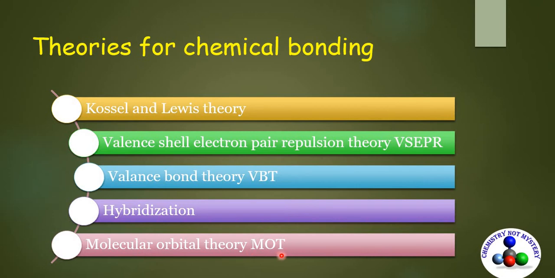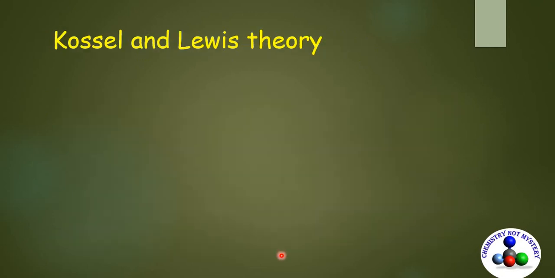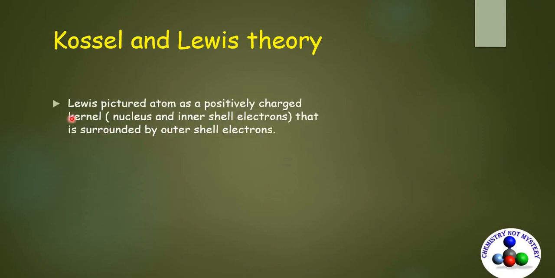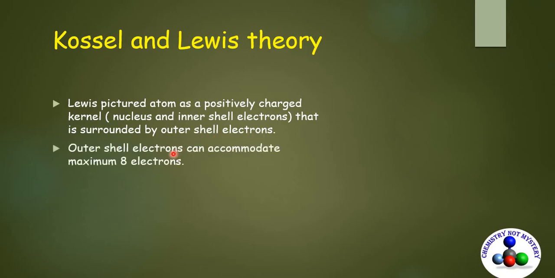In this video, I am going to explain the Kossel and Lewis theory. Lewis pictured atom as a positively charged kernel that includes nucleus and inner shell electrons, that is surrounded by outer shell electrons. Outer shell can accommodate maximum 8 electrons.